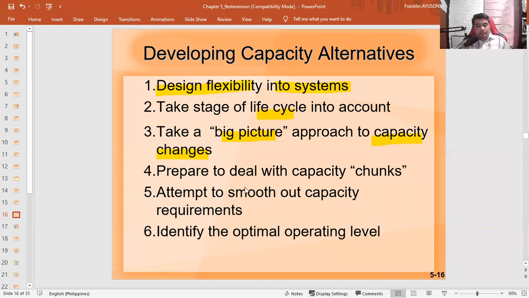Prepare to deal with some capacity chunks, meaning whether some idle time or maximum capacity. Attempt to smoothen out capacity requirements, meaning matching it to our demand. And most importantly, identify the optimal operating level.